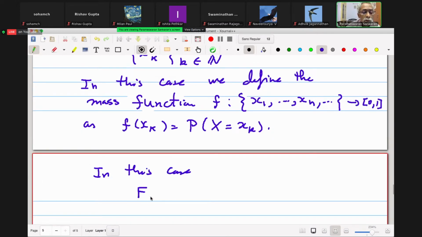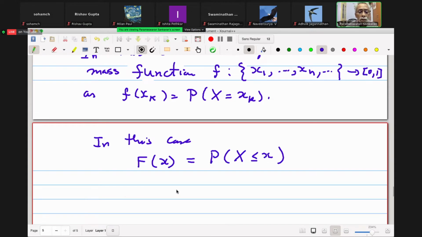In this case, what is F of x? This is equal to the probability that X is less than or equal to x, and that's the same thing as a sum.